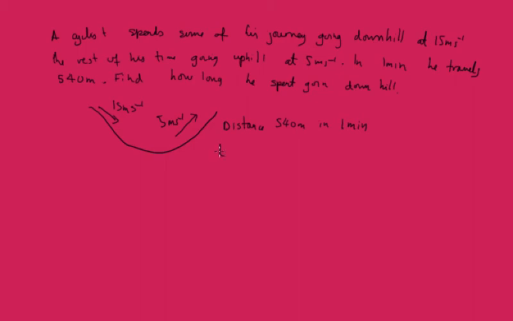So let's say T is the amount of time spent going downhill. 60 minus T equals the time spent going uphill.